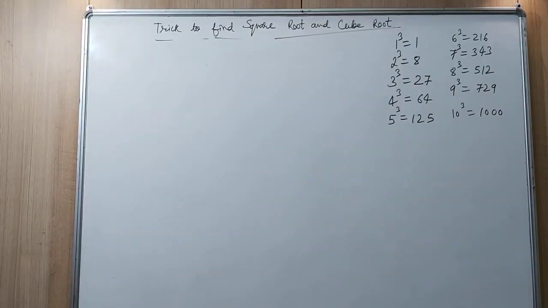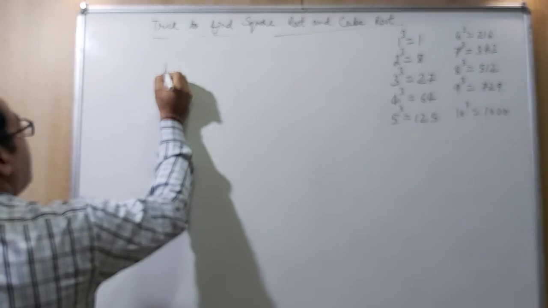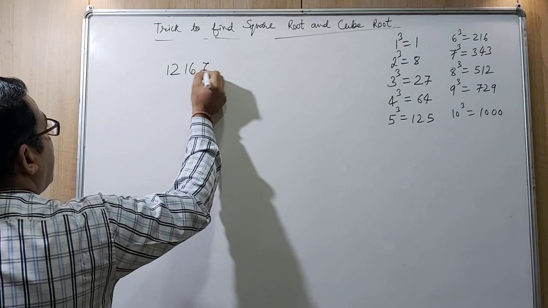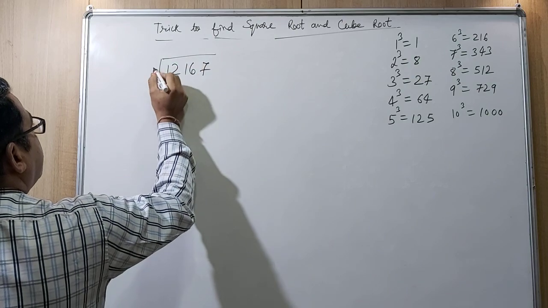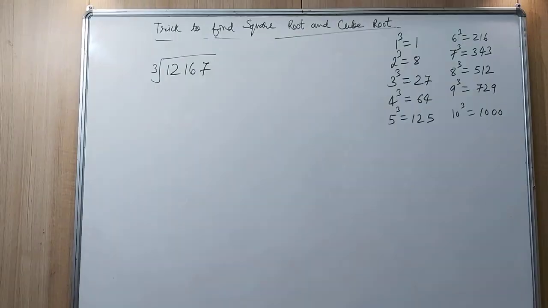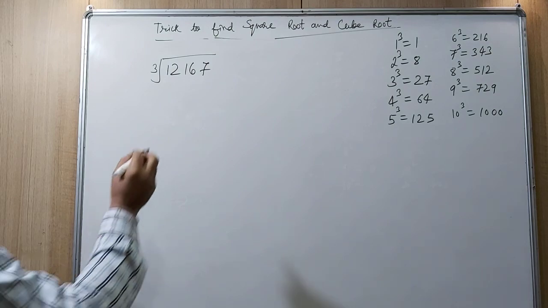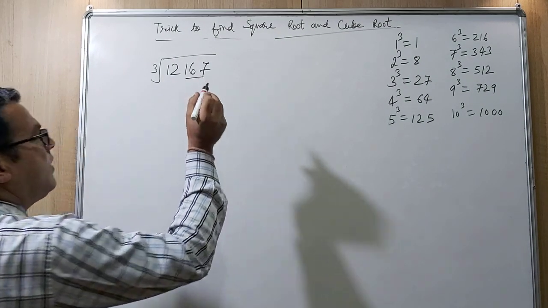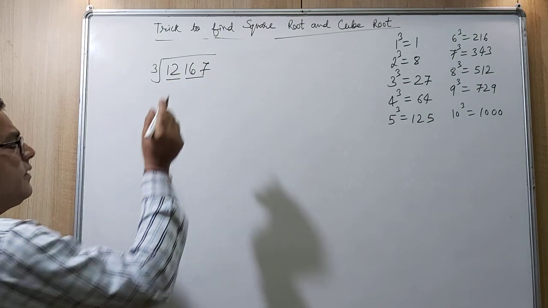One more example I am taking here. Now I am going to tell you how we can find the cube root of a 5-digit number. So I am taking one 5-digit number, 12,167. This is a big number. How can we find the cube root of this number? Again the same procedure. First the group of 3 digits, then this is the second group.